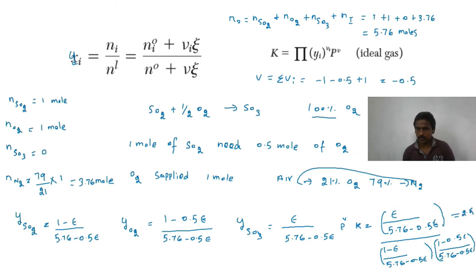Let me solve this equation using Excel. So let me rewrite it in such a way that I can use the formula directly in Excel. P to the power minus v will be 1.